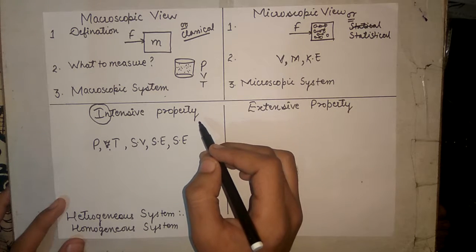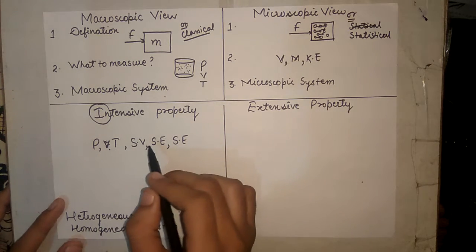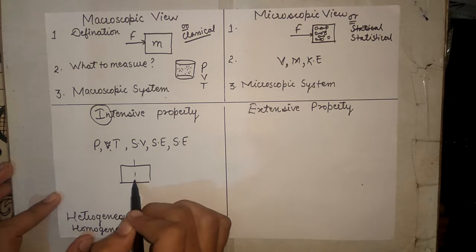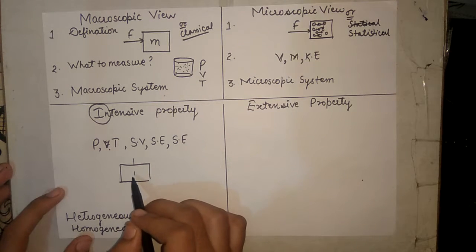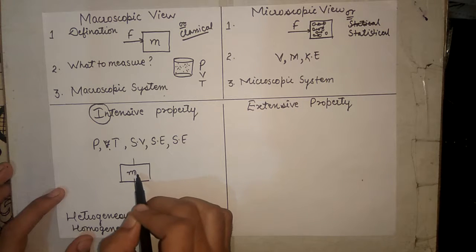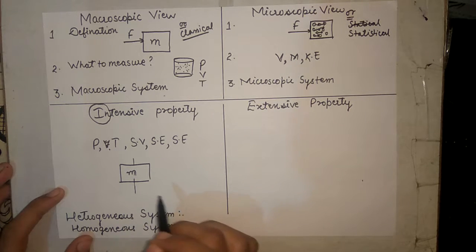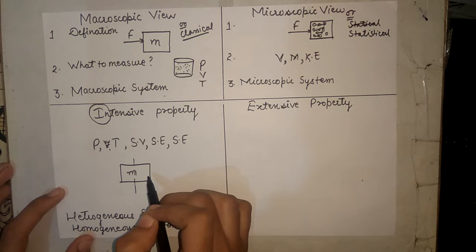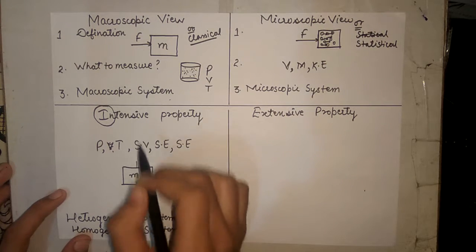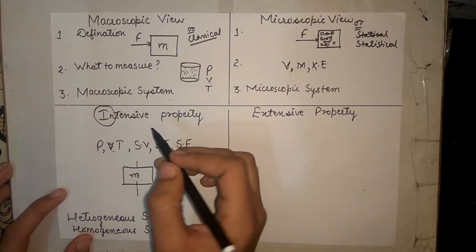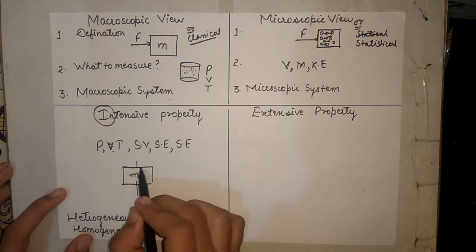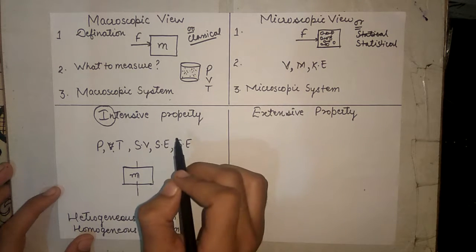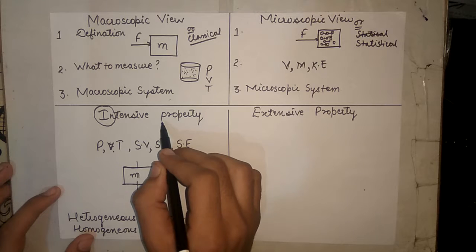So how can we identify that these are intensive properties? If a system is divided into two equal parts, suppose a mass is divided into two equal parts, then we see the changes in properties. If there are no changes in the property, that will be an intensive property, because when we take half of the mass, there will be no change in the property.